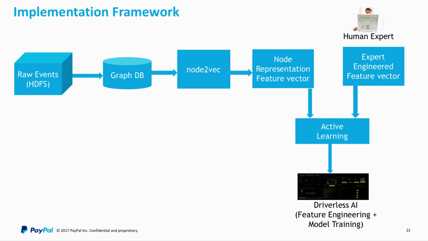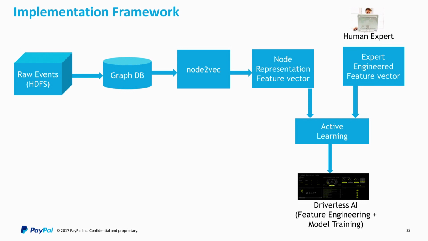So we imported the relevant data, which has graph structure, into a GraphDB and applied node2vec on top of it. The GraphDB is extremely useful because you can index the data, and you can learn feature representations on a subgraph, or learn different representations on different subsets of the graph. You can iteratively do this learning process much more quickly if your data is stored in a GraphDB as opposed to sitting in HDFS.